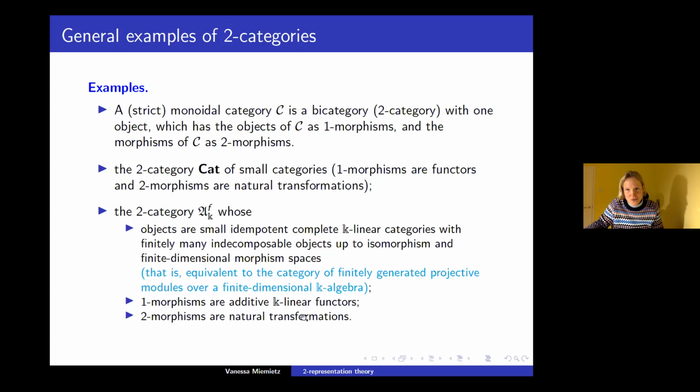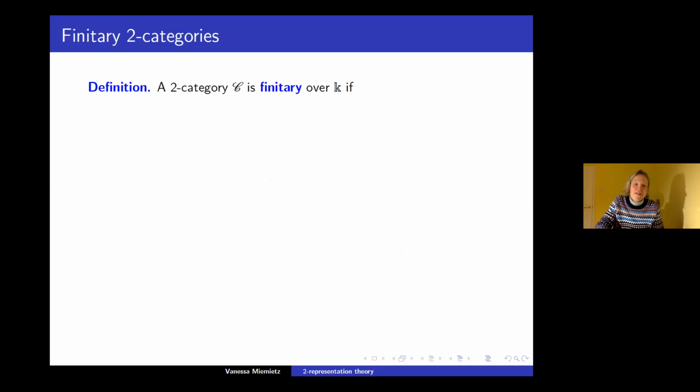So we don't restrict 2-morphisms ever. Okay. So now we want to study some kind of analog of finite dimensional algebras. So the analog is a finitary 2-category, which has finitely many objects.